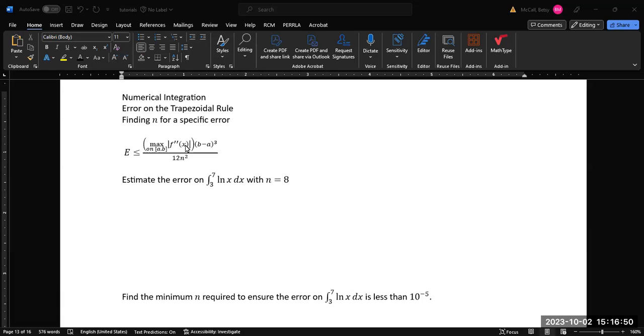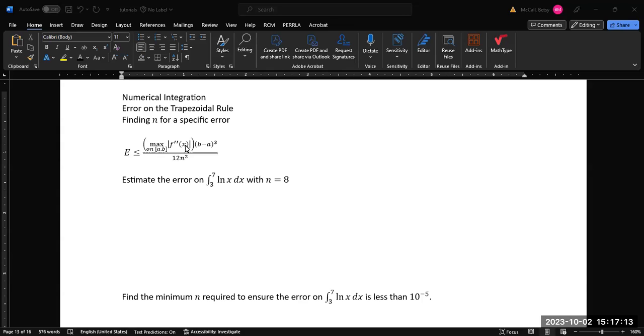We want to be able to estimate it because part of the goal of estimation is that we want to be able to determine, for instance, in advance, how many step sizes, how many n, we need in order to get our integral guaranteed to be within a particular error range. And so we don't necessarily have a value to compare.